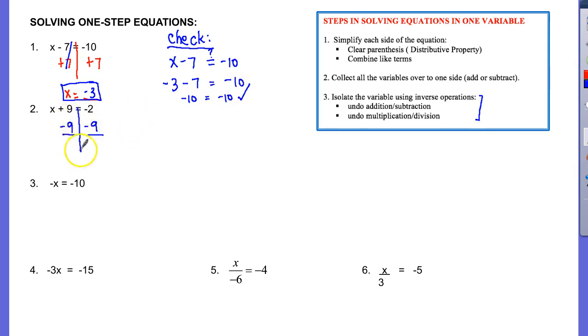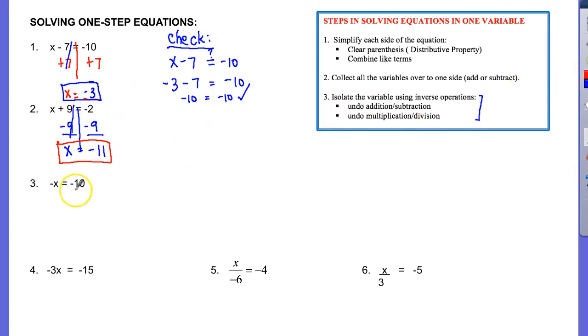So now you have on the left side, 9 minus 9, that's gone. That's 0. You still have x, bring down x. And then negative 2 minus 9, that is negative 11. So x equals negative 11. If you're still confused with this subtracting integers, go watch the video on subtracting integers.